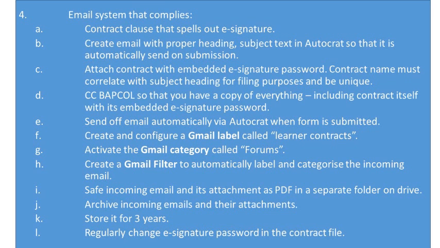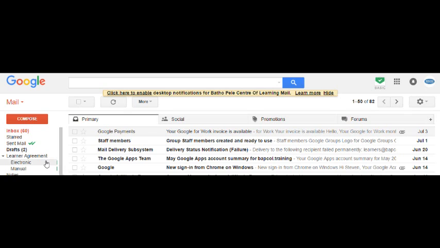You then go to your Gmail account and create the label for the learner agreements, and you can have an electronic learner agreement because you are busy now with the electronic signing of the learner agreement, but you can also make provision for manual signing where it is not possible.